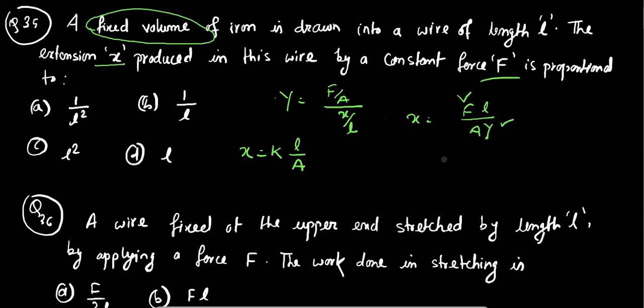Okay, so as we know that volume is a product of area and length, so area can be written as the ratio of volume to the length.